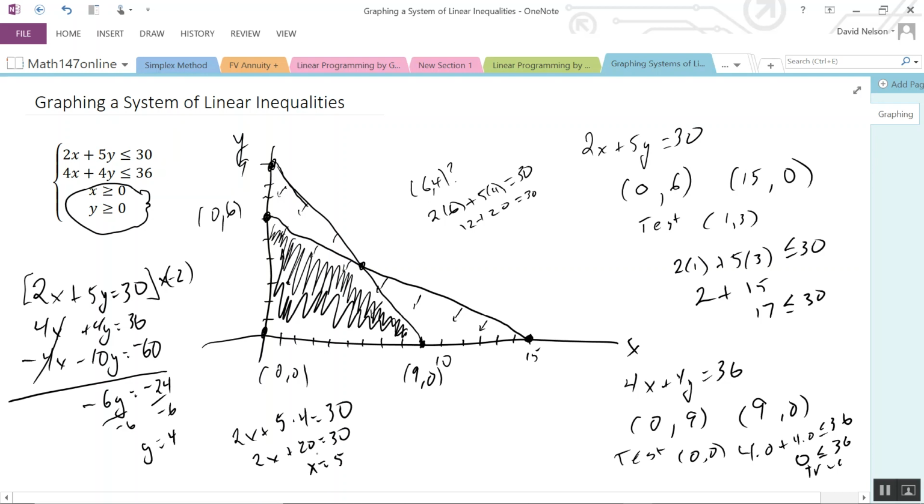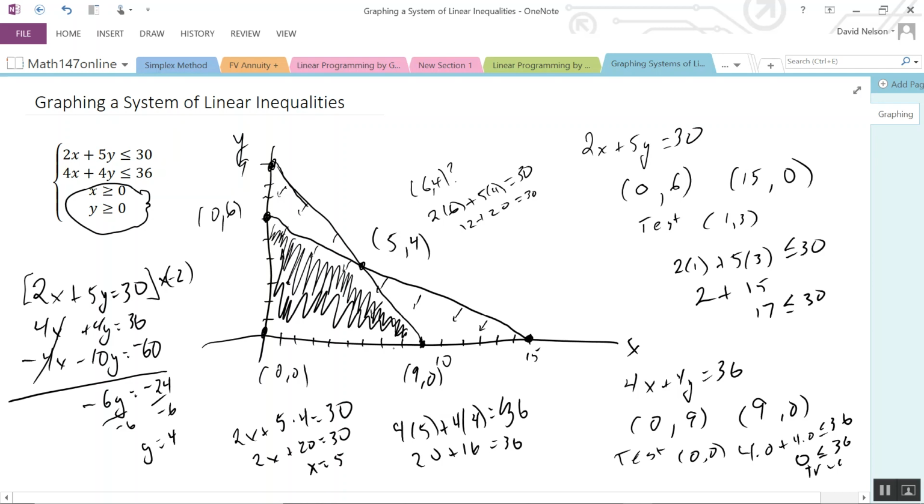And if x is equal to 5, let's see, does that work in the second equation? 4 times 5 plus 4 times 4, is that equal to 36? Yes, 20 plus 16 does equal 36. So our intersection point is 5, 4. My 6, 4 was a pretty close guess, but it wasn't quite right.